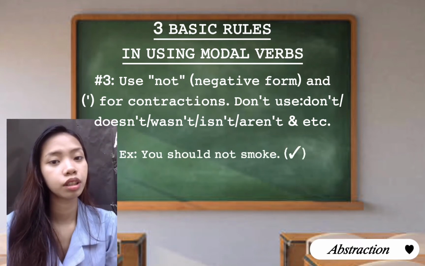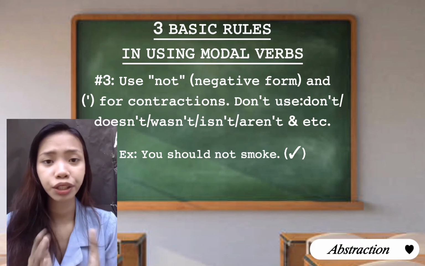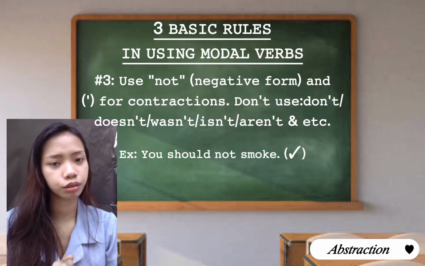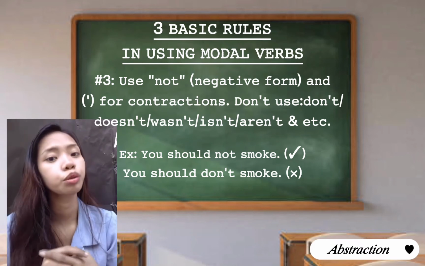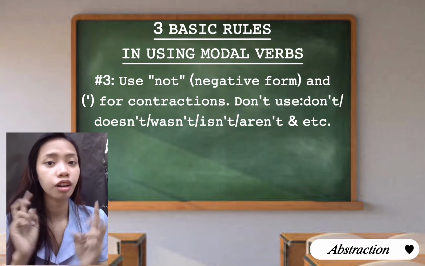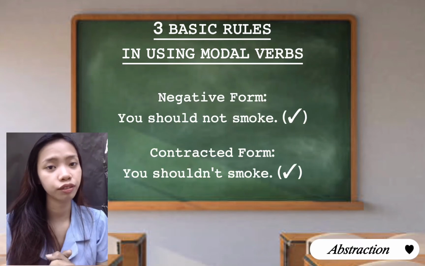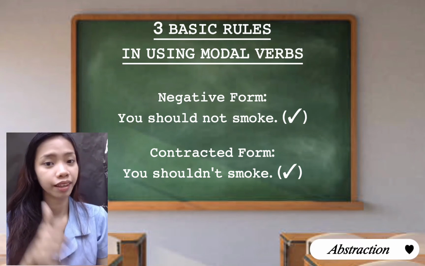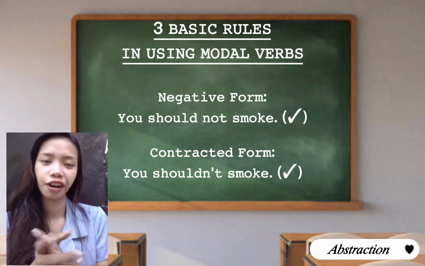For example, you should not smoke. It's quite incorrect to say you should don't smoke, which is very wrong. The correct way is to use not, like you should not smoke, or in a contracted form, you shouldn't smoke. Yes? Am I clear? Very good.